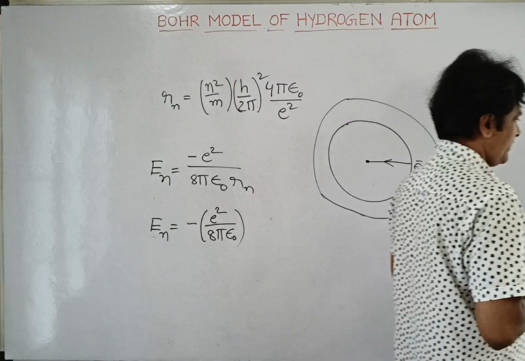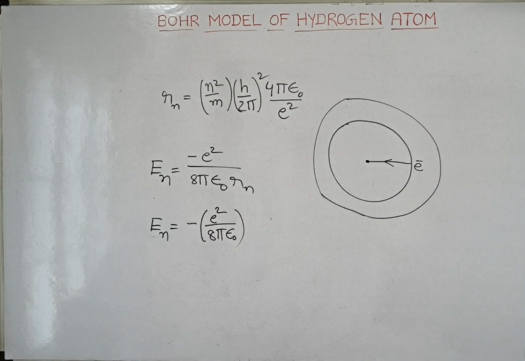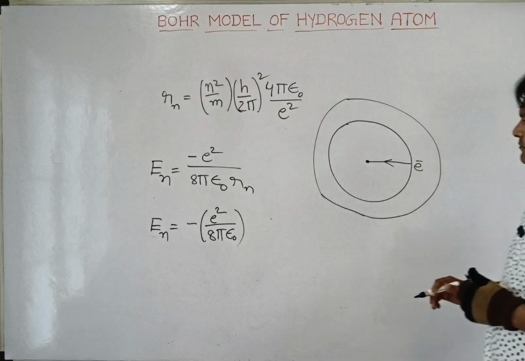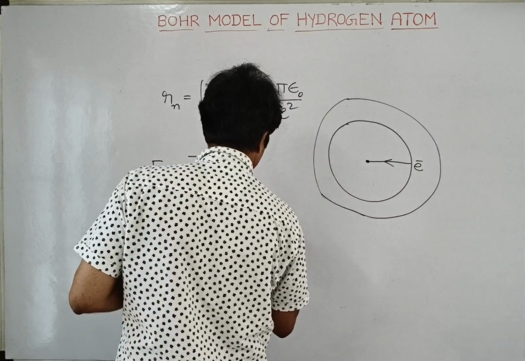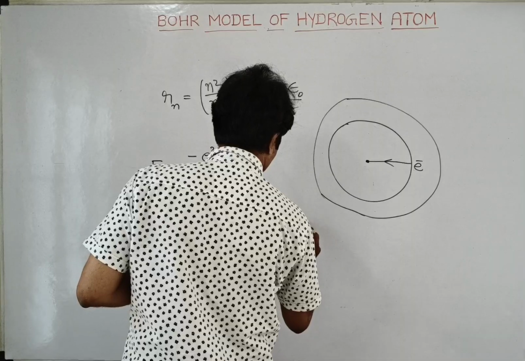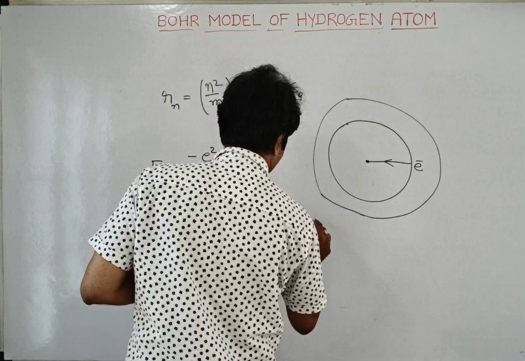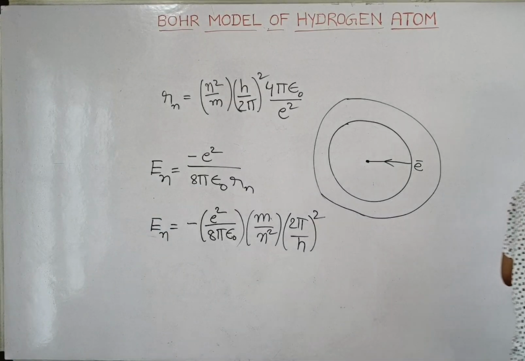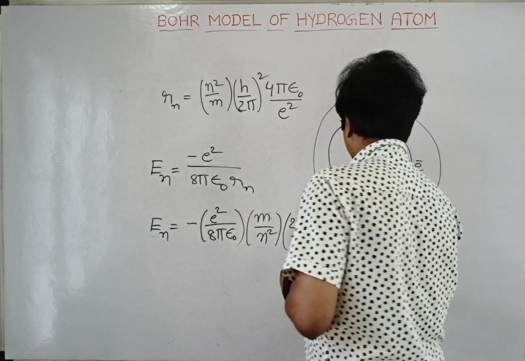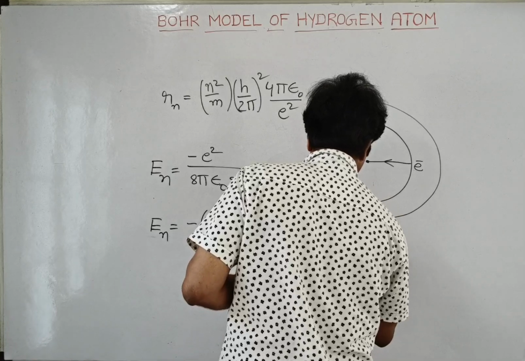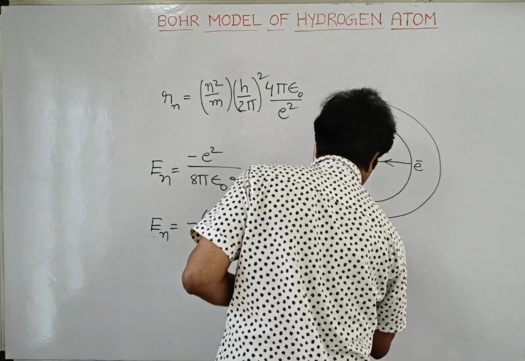Minus e square by 8 pi epsilon naught, m by n square, into two pi by h whole square, into e square by 4 pi epsilon naught.